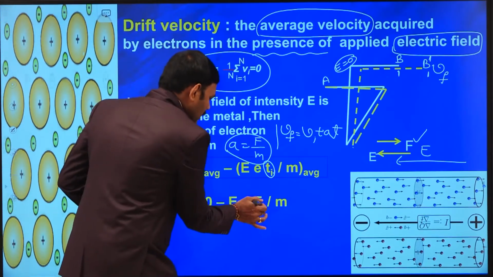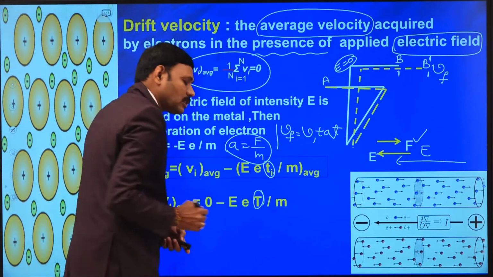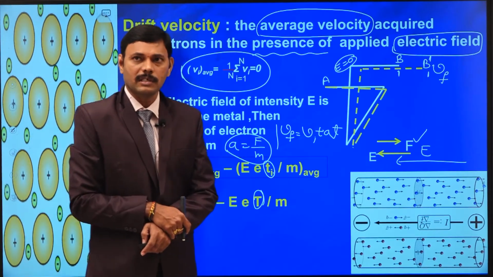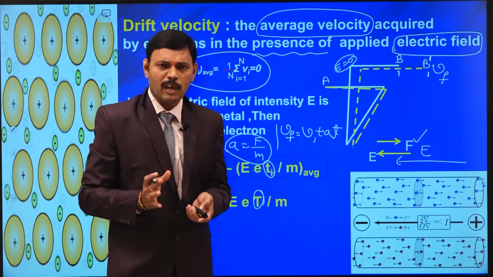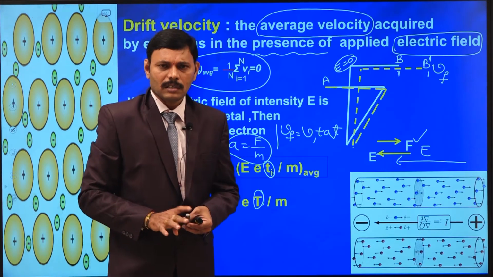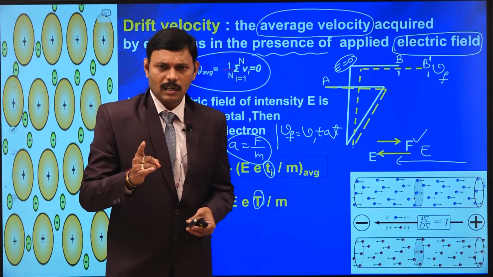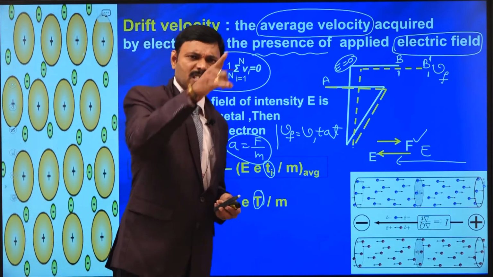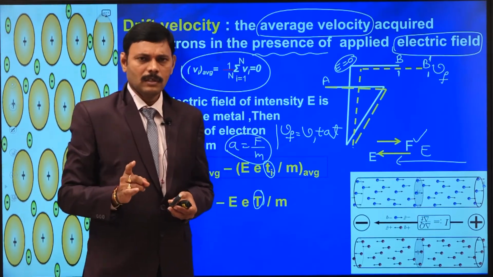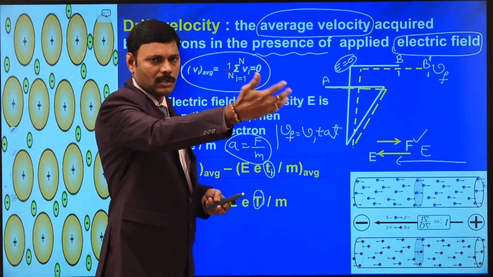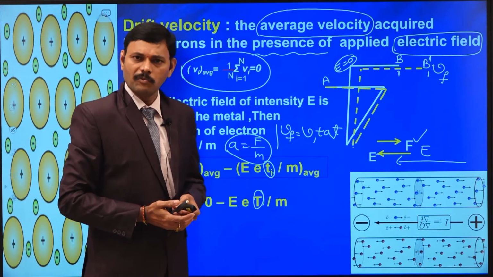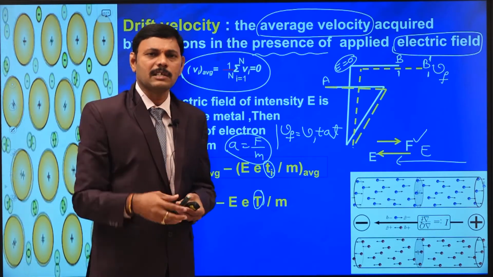Here, very important, students, we must have a clear idea about tau. Tau is the relaxation time, that is the average time between successive collisions. The electron accelerates and gains velocity until it strikes its neighboring atom. Then it comes to rest, and once again gains acceleration due to the electric field, as we continuously present the electric field.